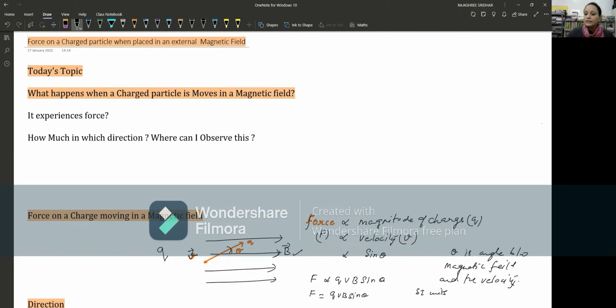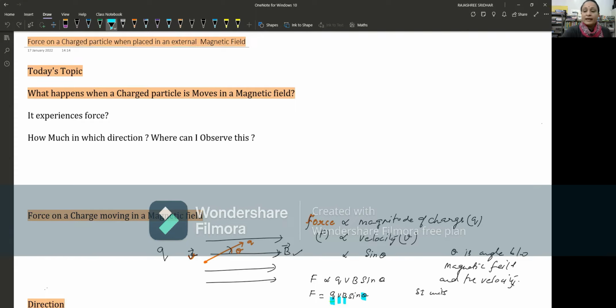So what are the factors on which this force depends? First, the charge. Secondly, the magnitude of the velocity. Third, the external magnetic field in which it is kept. And the other factor is the angle theta, the angle between the magnetic field and the velocity vector.